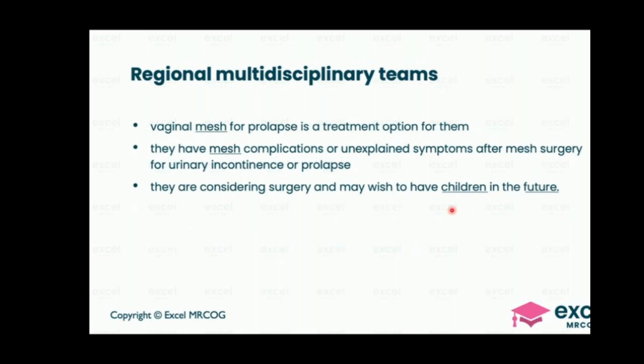If their quality of life is so hampered because of SUI and she's tried all PFMT, everything, she wants a baby in the future and she wants a surgery for the SUI, you may offer her bulking agents, because that is a less invasive procedure and it could be temporary, and at a later date you can consider her for the major SUI surgeries, rather than having her have a child after having done a major surgery. So there you can consider a bulking agent for her, but you have to refer her to regional MDT. Remember that.